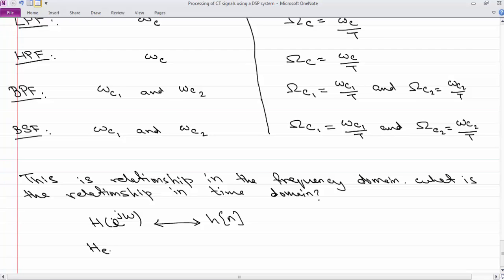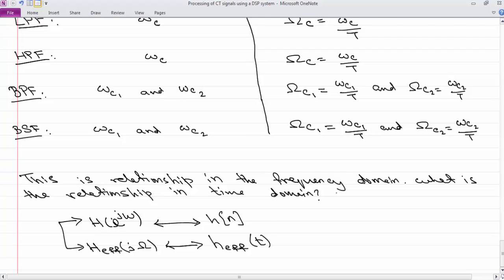And you have an equivalent continuous time system, H effective of j omega, and it has a continuous time impulse response h effective of t. We understand the relationship between the frequency domains, which is the relationship that in most cases we work with, at least for translation of our filters. But it is still important to know the relationship in time domain also.